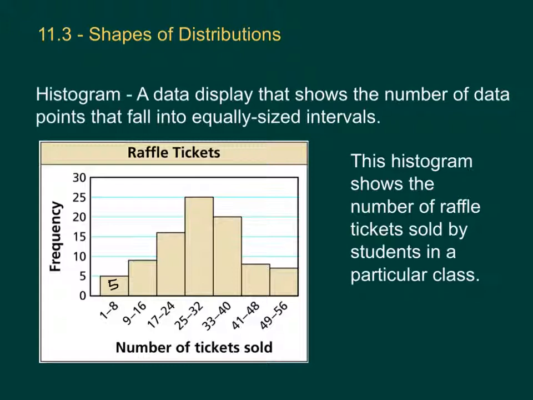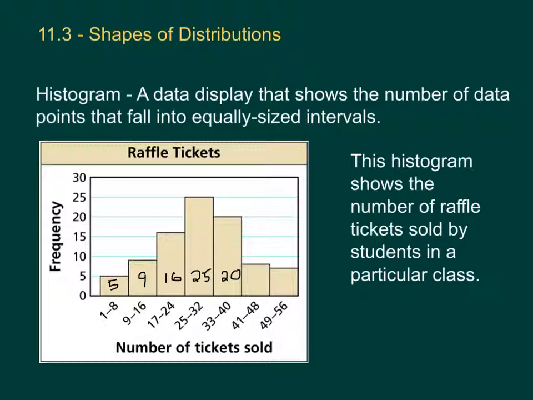Similarly, it appears that there were 9 that sold between 9 and 16 raffle tickets. It looks like there were about 16 who sold between 17 and 24. It looks like there were 25 that sold between 25 and 32, and 20 sold between 33 and 40.